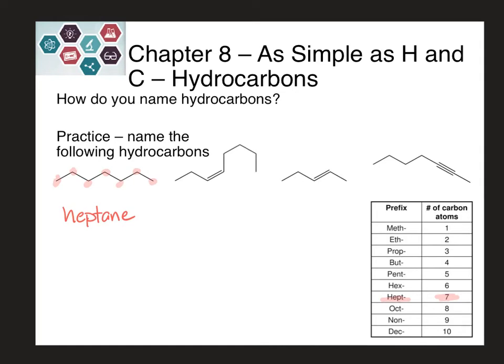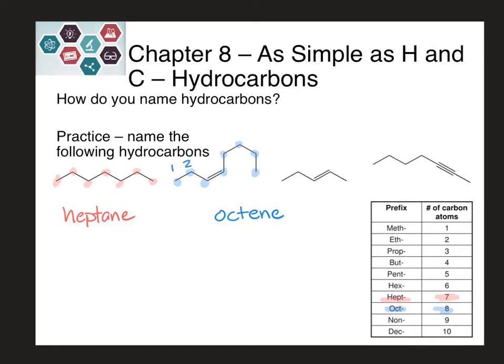If we look at the second example, we have 1, 2, 3, 4, 5, 6, 7, 8 carbons. The prefix for 8 is oct. This time there is a double bond, so it's going to end in ene, so we have octene. Remember, with double bonds, we have to give it a number. So I'm going to number both directions and show you the right number.